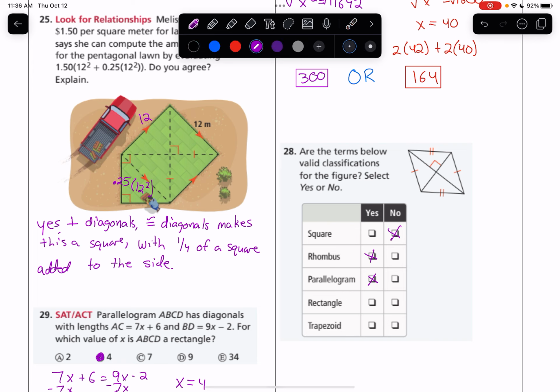But we don't know anything about those diagonals, so we don't know that it's a rectangle. And then if it is a trapezoid, it's going to have one pair of parallel sides. This one happens to have two pairs of parallel sides. So we also need to know if it is a trapezoid, it's going to have congruent diagonals, at least if it's an isosceles trapezoid. So this is not a trapezoid either.